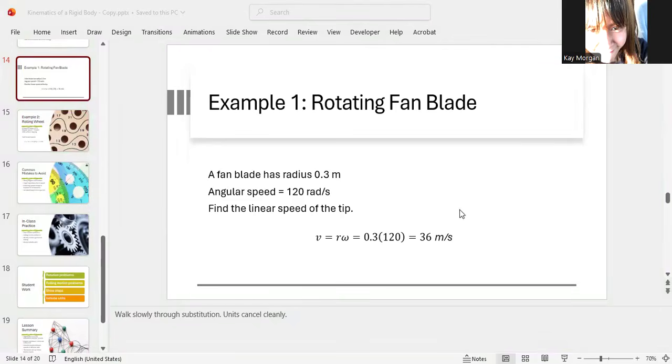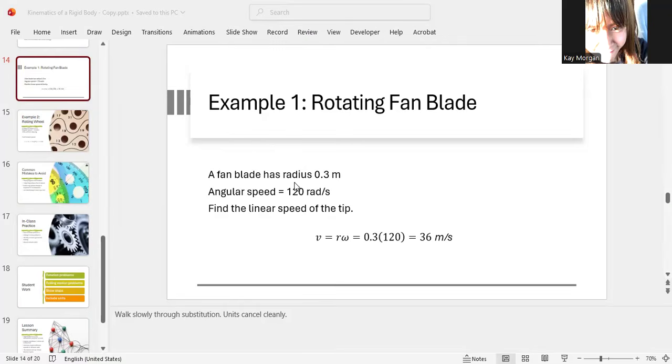All right, now we are going to go back to our rotating fan blade to truly understand what's going on in this rotation. Here we're going to put some values for our variables. Your radius is going to be 0.3 meters.